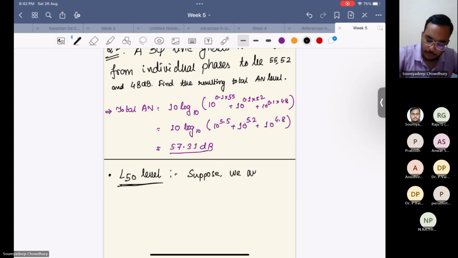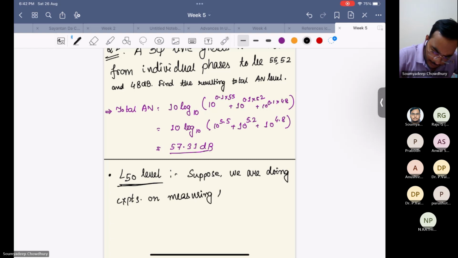So L50 level is: suppose we are doing experiments on measuring the audible noise throughout the year.